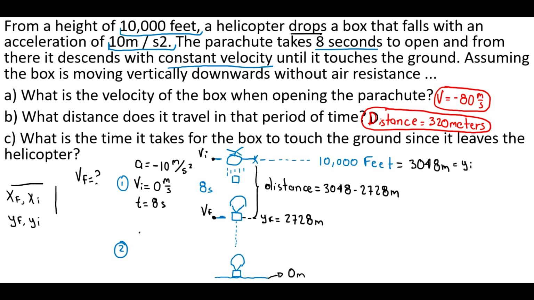So the velocity in the second segment will be minus 80 meters per second. And also I got the final position. The final position will be the height, 2728 meters. I also got the initial position.